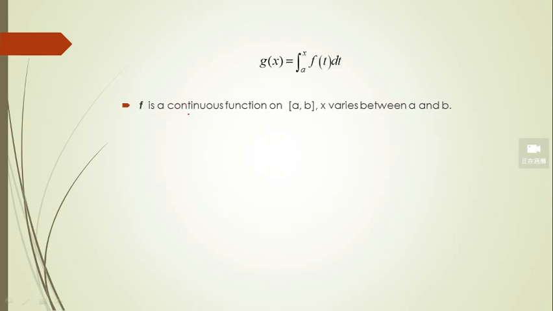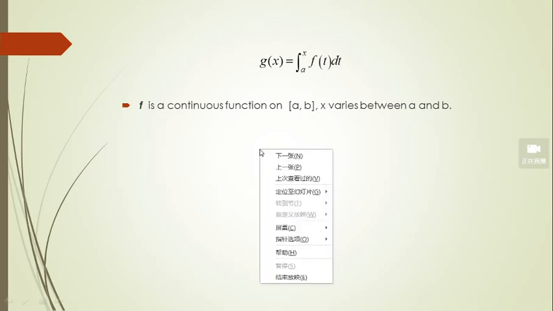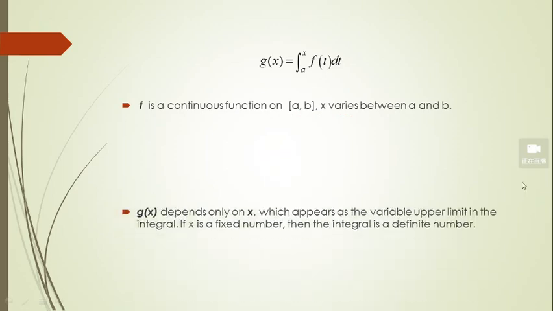When we say a function is integrable on an interval, the function should either be continuous or have a finite number of jump discontinuities. But here, because x is shifting anywhere between a and b, we require the function to be continuous on the closed interval [a, b]. That's why we form the function, right?